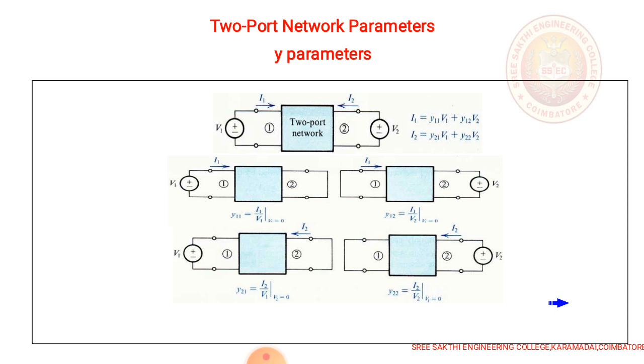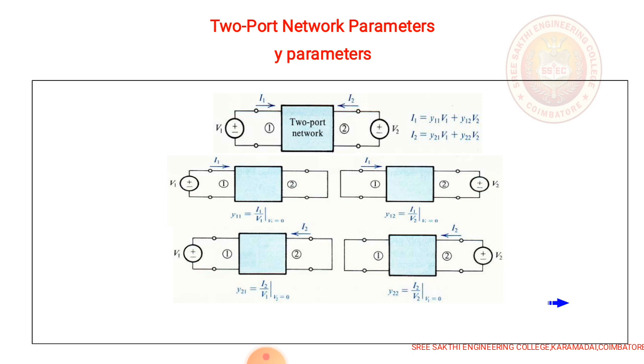In Y parameter, the two-port network is connected with the input voltage and the output voltage, that is V1 and V2, and the current direction is shown, which has two currents, I1 and I2.